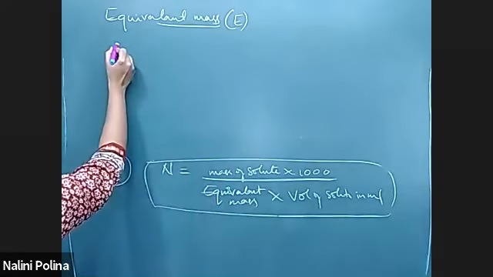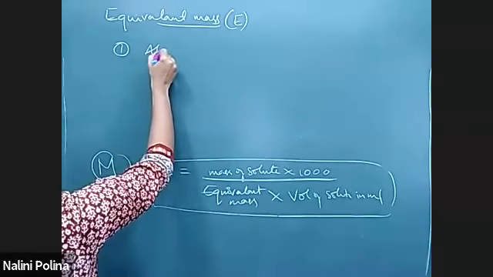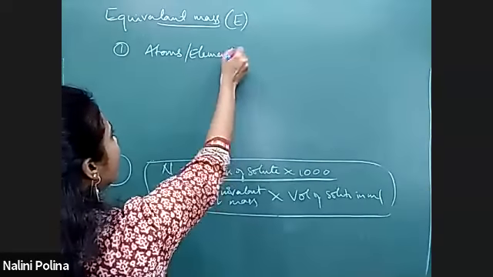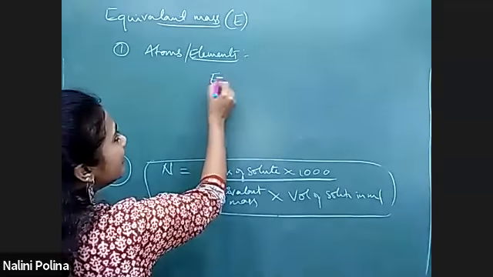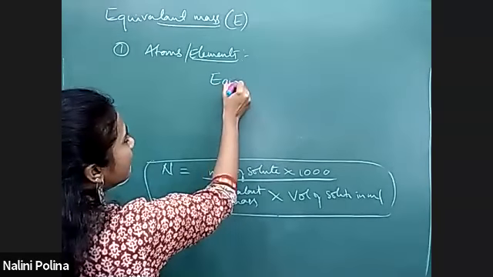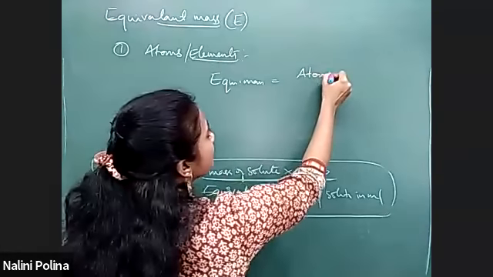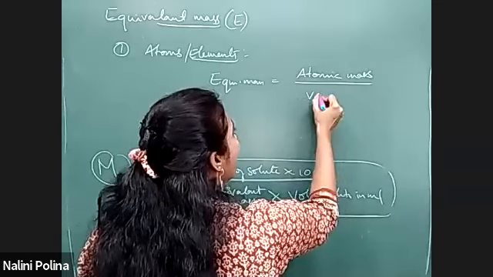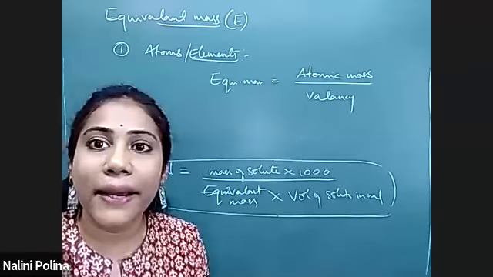So first let us learn how to find equivalent mass in atoms. Atoms are elements. For atoms and elements, equivalent mass is equal to atomic mass divided by valency.